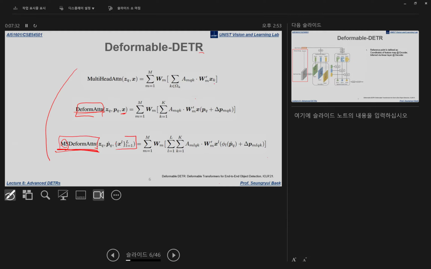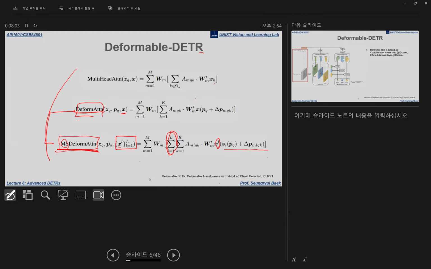But now we are extracting multi-scale features having L levels of features, and x over l denotes the pixel coordinate for that l-th level of feature. We have one more iteration over that L levels now. Besides that, everything is the same as the original deformable attention.